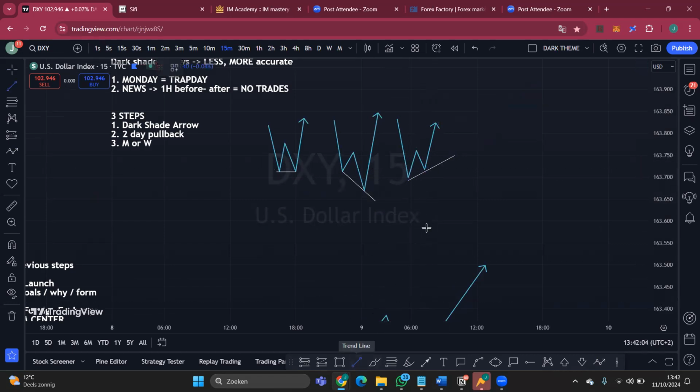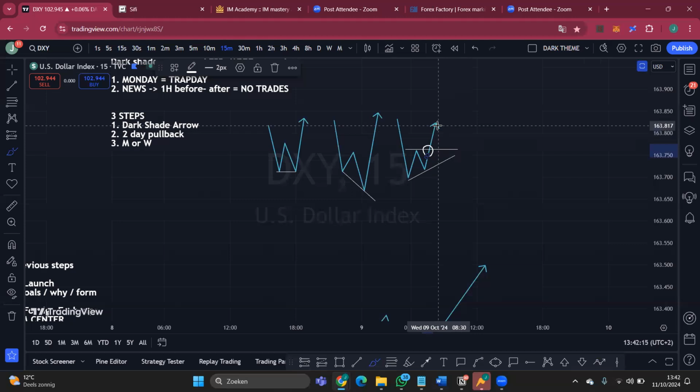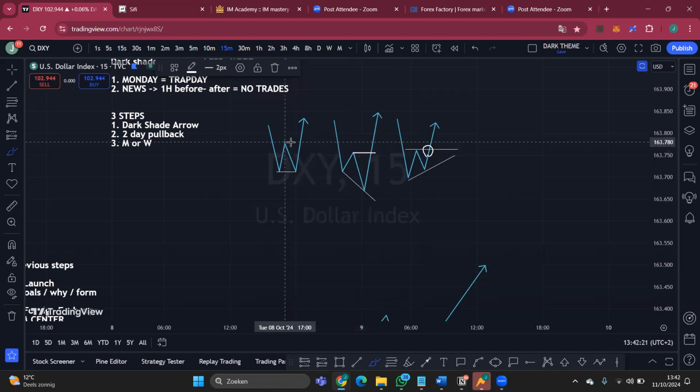Another thing you're looking at to have a good W or a good M is making sure that this neckline is broken right here, so that we went higher than this line right here. That's another thing that we will be looking at.